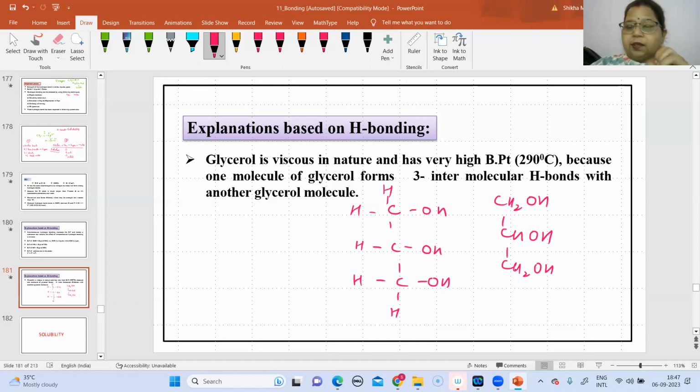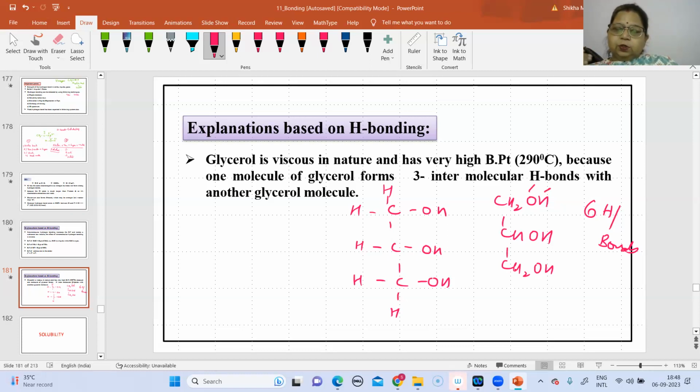Now you can understand, theoretically, it can form 6 hydrogen bonds. This will form 1, this will form 2, 3, 4, 5, 6. Glycerol and glycerine are the same thing.